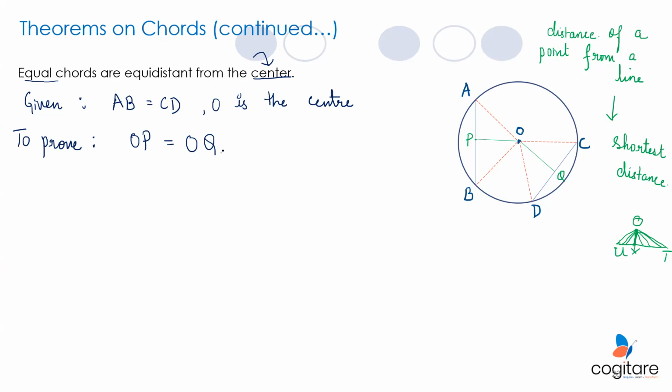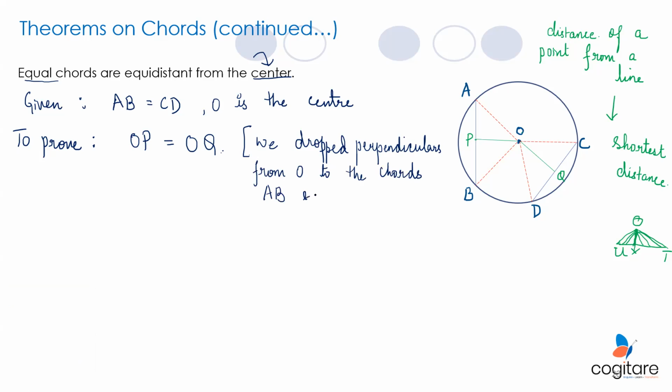By the way, when we are writing this, it is assumed that we dropped perpendiculars from O to the chords AB and CD respectively.